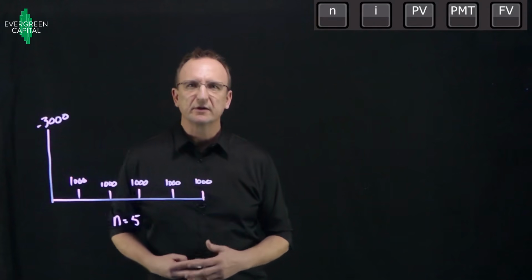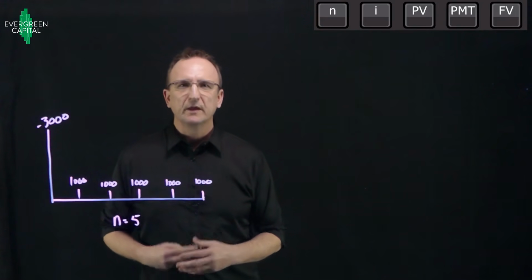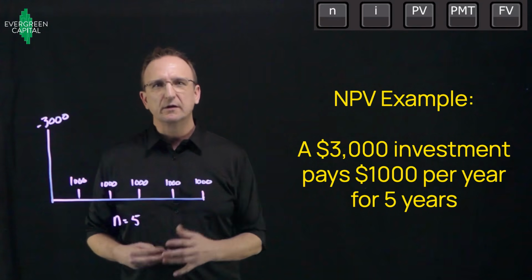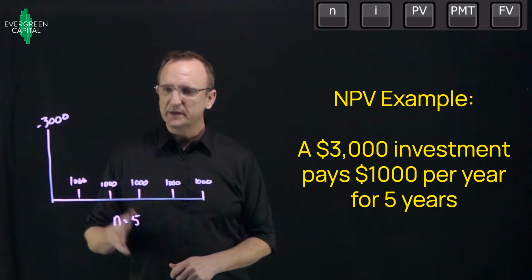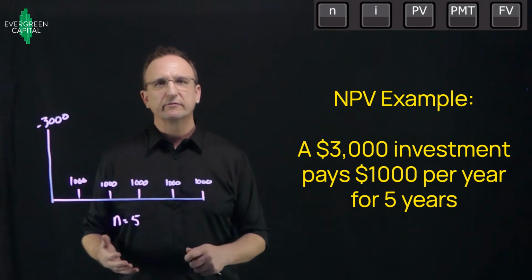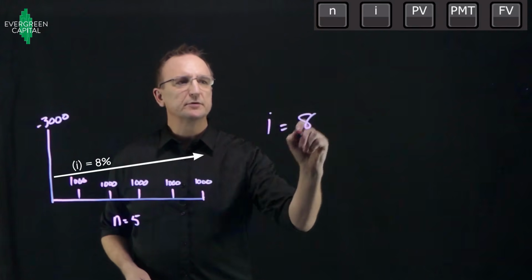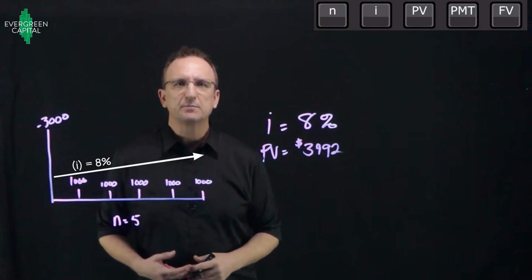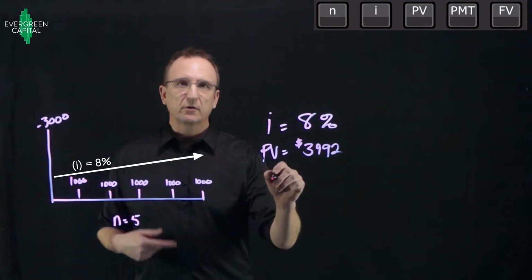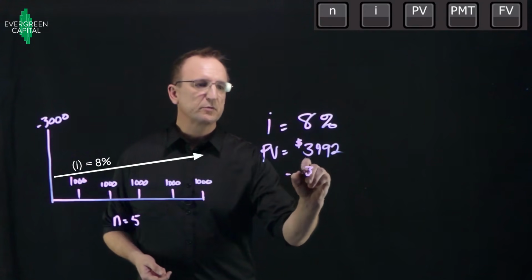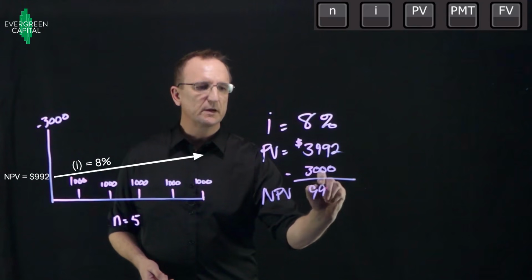So let's bring this all together and show how IRR is related to net present value. If you recall our earlier lesson on NPV, we had an example of a $3,000 investment that paid $1,000 a year for 5 years. And in that case, our target return was 8% per year. When we discounted those back, we had a present value of $3,992, but our initial cash flow was $3,000, and so our NPV was $992.